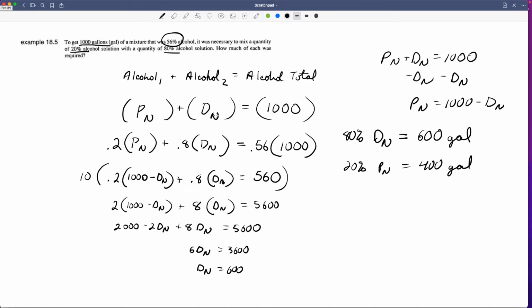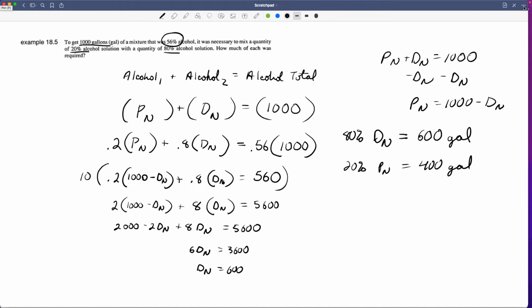And 1,000 minus 600 is 400. All right, that one was a little bit of a thought provoker. That's why it helps to write this out first so you can visualize what's going on and then start breaking it down into steps.